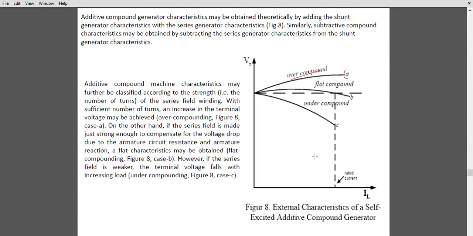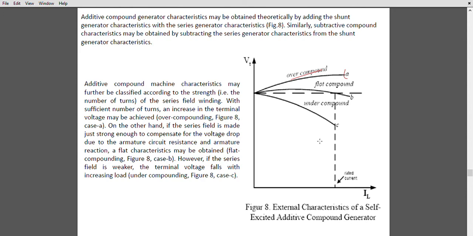And if the series field winding is weaker and the armature resistance is much higher than that of the field winding, then case C, or under compounding, happens.